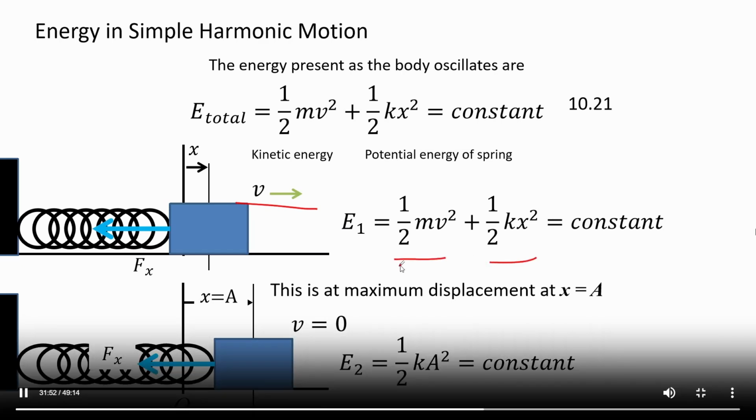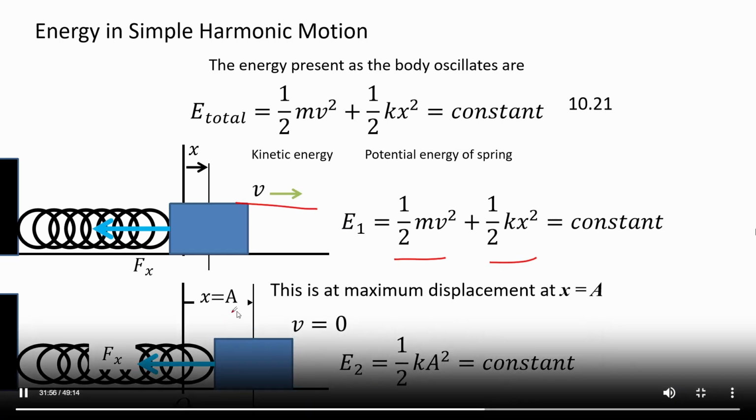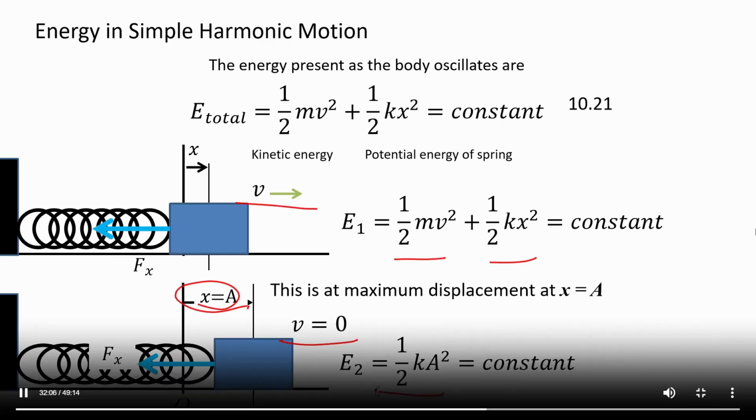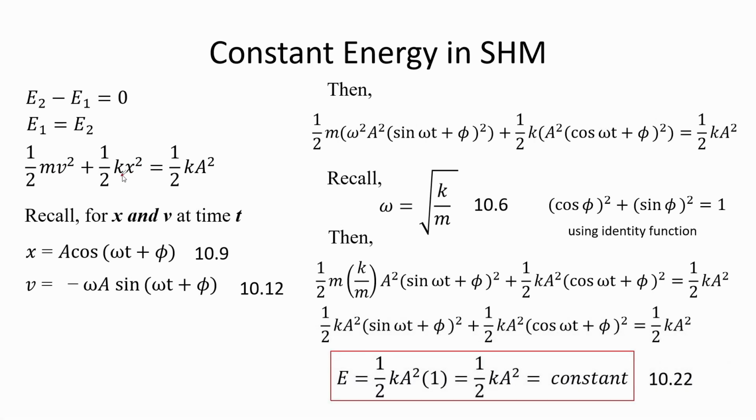In the second case, it reaches the maximum amplitude, so the velocity is 0. So only the elastic potential energy due to the spring remains. So that's your E1 and E2 for this case. Now, if we compare, your E1, the mechanical energy, is equated to E2, and it is conserved. So 1 half mv squared plus 1 half kx squared is equal to 1 half kx squared.